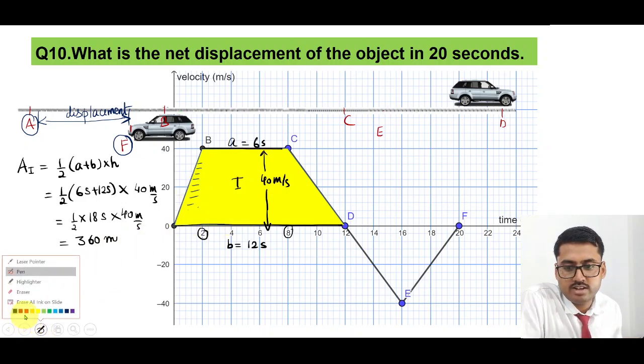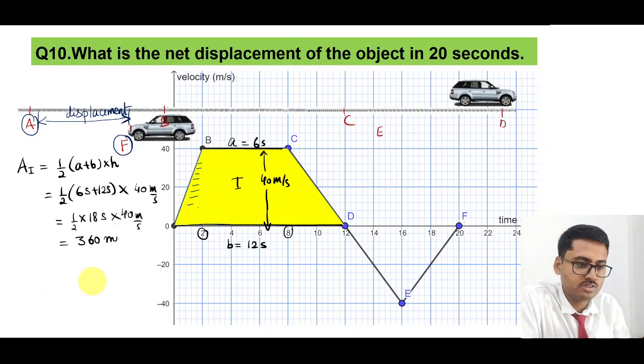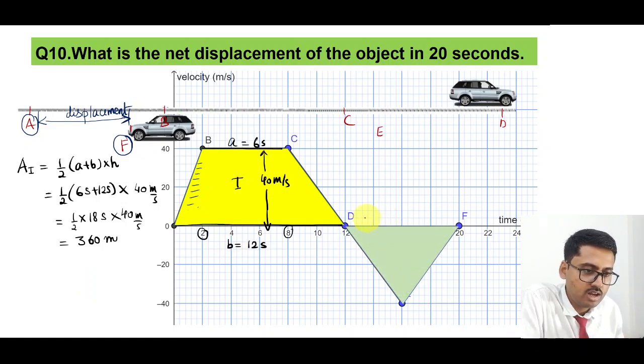Now let us calculate the area of the second part. Here again we can take this triangle directly, where I take this as the base of the triangle and this as the height of the triangle. The base over here is 20 minus 12, so we get 8 seconds, and the height over here interestingly will be minus 40, because from 0 to minus 40 the difference is of 40.